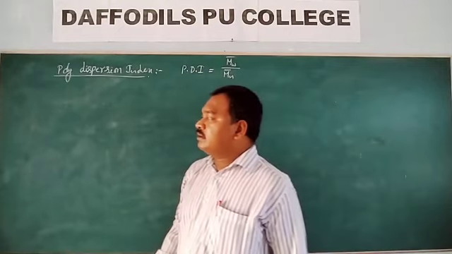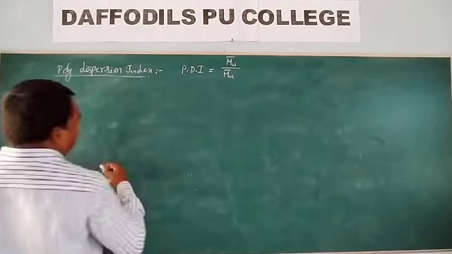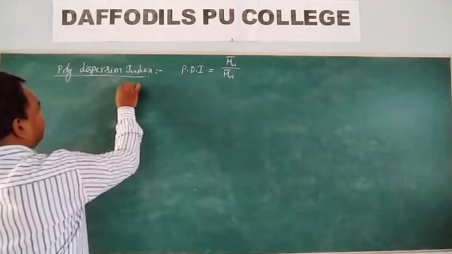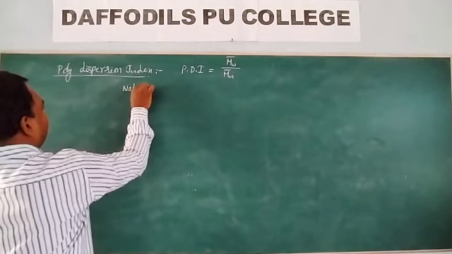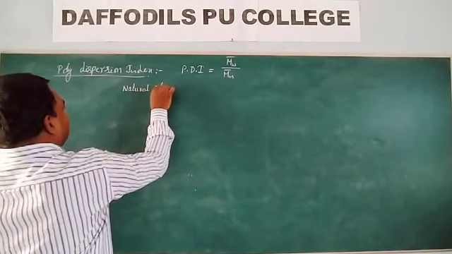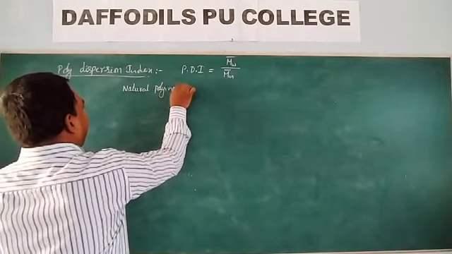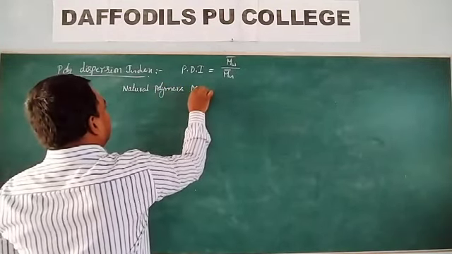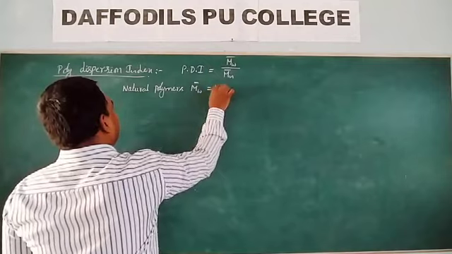How? For natural polymers, Mw bar is equal to Mn bar.